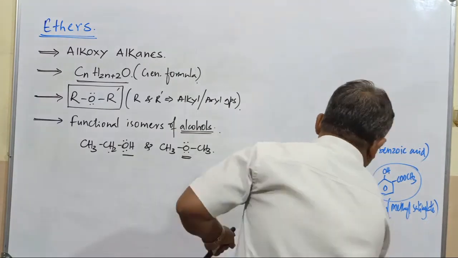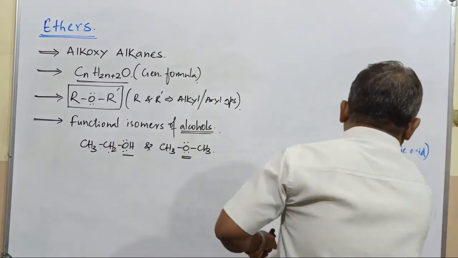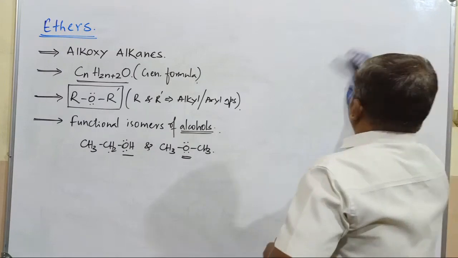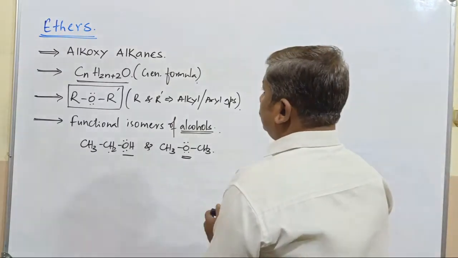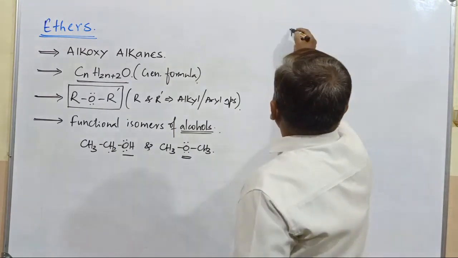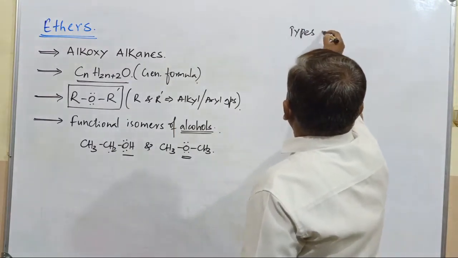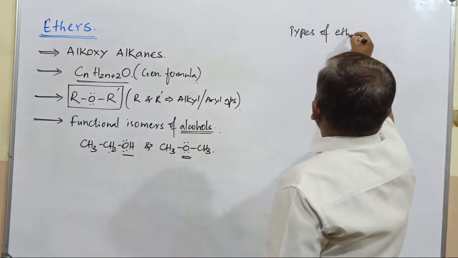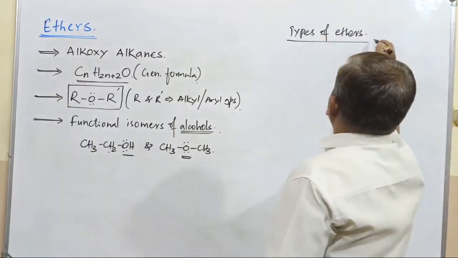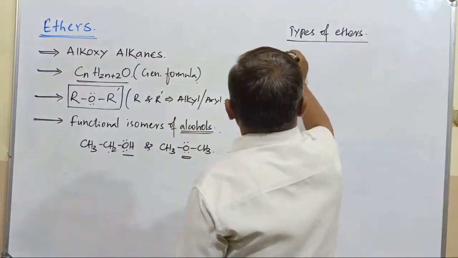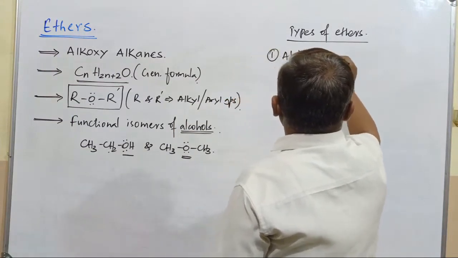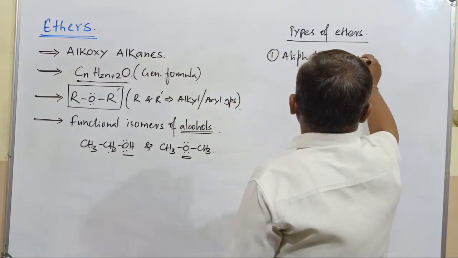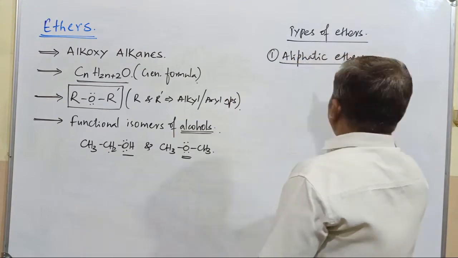The types of ether compounds we generally come across. Next you can write the types of ethers. What are the different types of ether compounds? First one is aliphatic ethers. As the name indicates, these have an open chain structure.